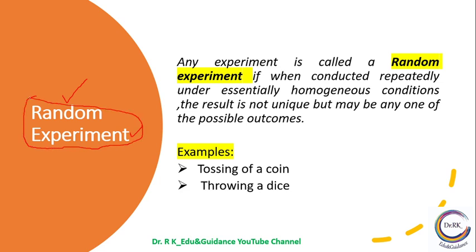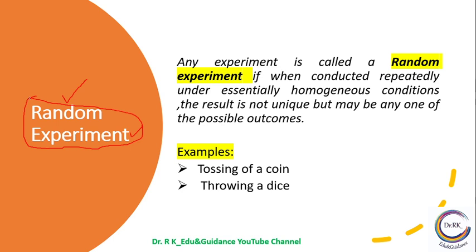What is the difference between that experiment and this random experiment? The experiment which we do in laboratories, with all the apparatus, is one where the outcome is known. In a random experiment, the result is not unique, and we know all possible outcomes related to the experiment.